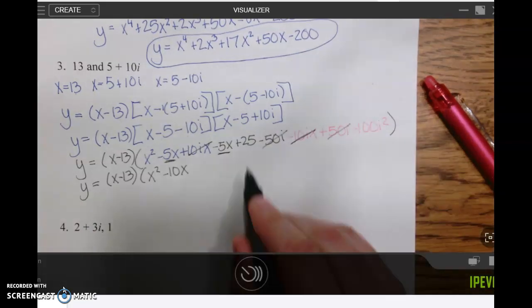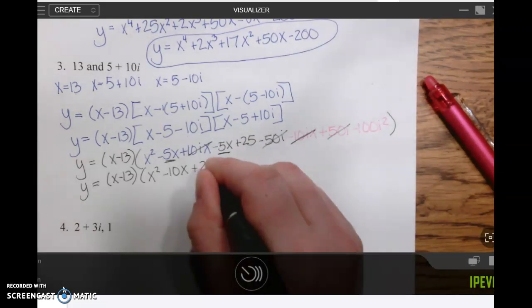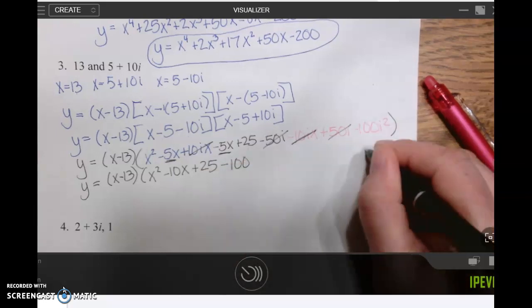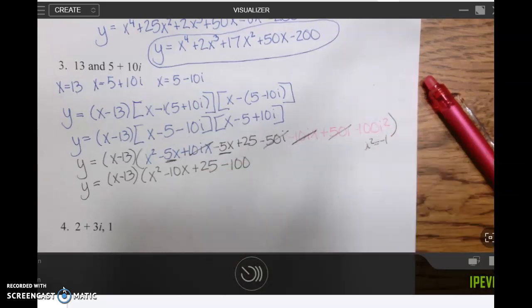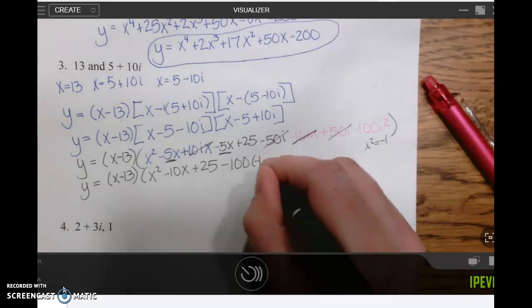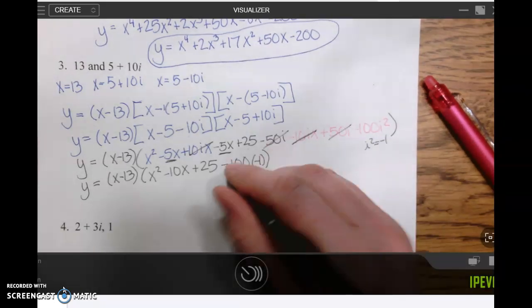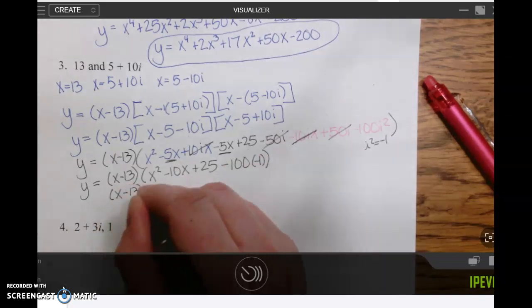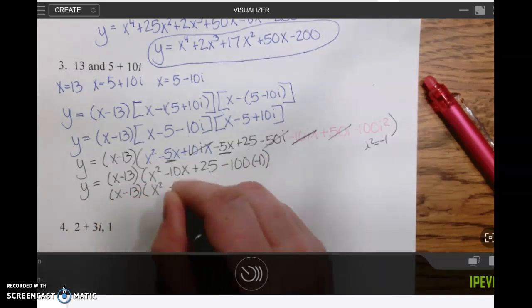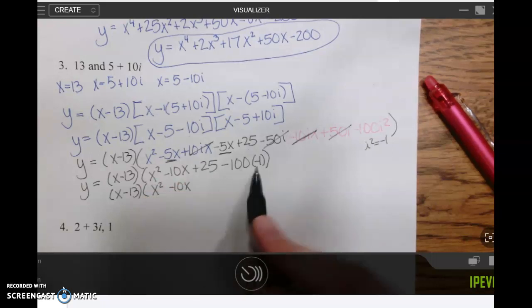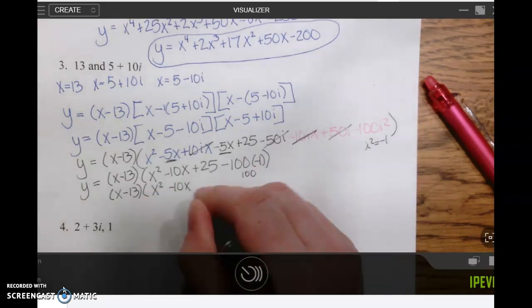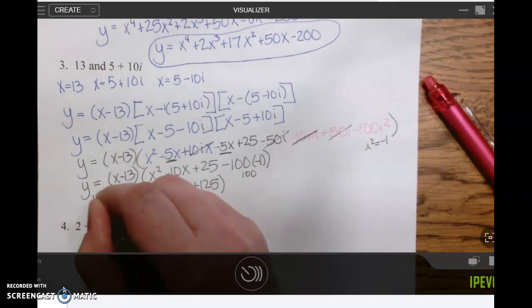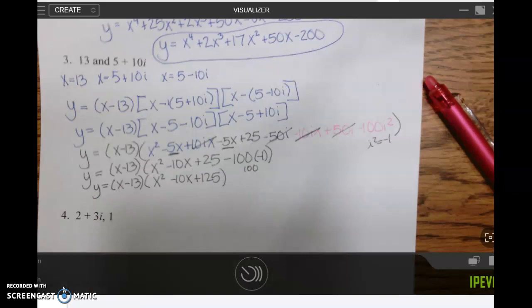And then we have plus 25 minus 100i squared. But remember, i squared is a negative 1. And so this is really negative 100 times negative 1, or really plus 100. So we have x minus 13 times x squared minus 10x. And if this is a positive 100 plus 25, that'll give us 125, which is much easier to look at than what I had on my last line.